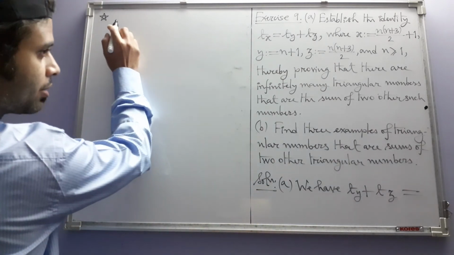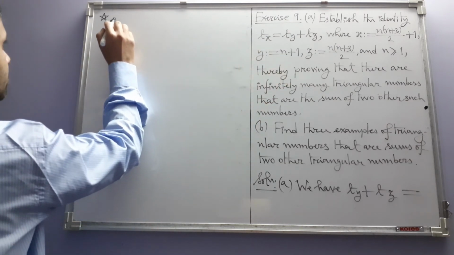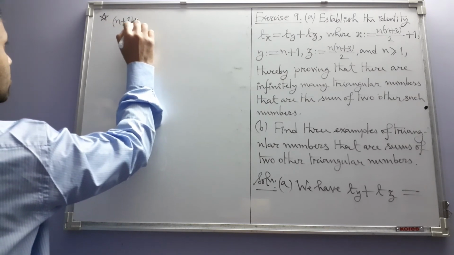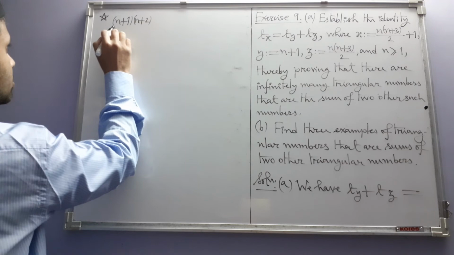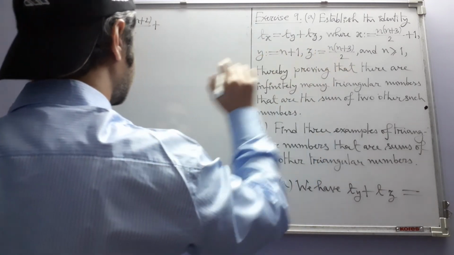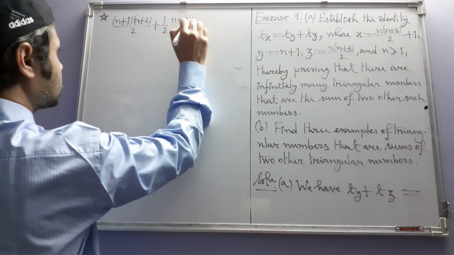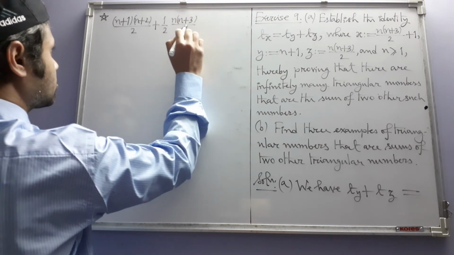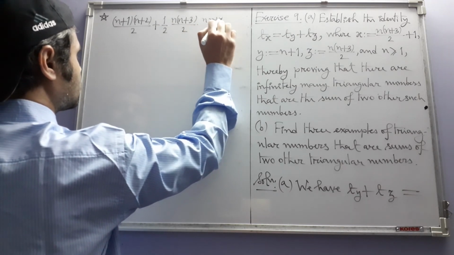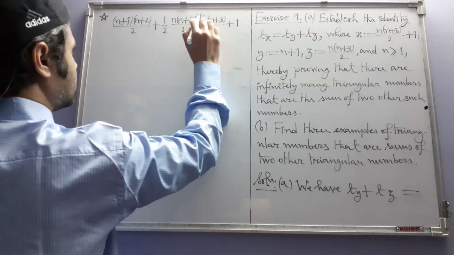Okay, so Ty plus Tz, this is our y, so Ty will be n plus 1 times n plus 2 divided by 2, plus Tz itself is this, times plus 1.